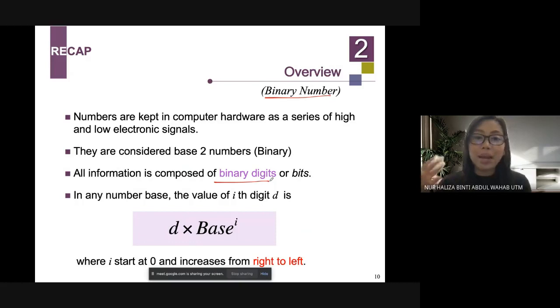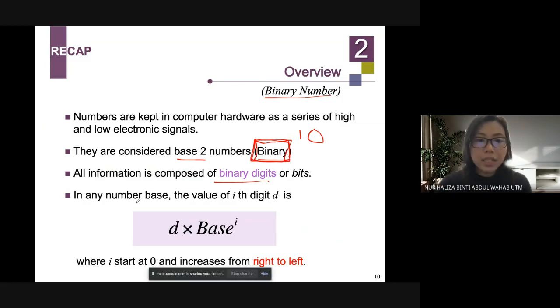And back then, I think a lot of other subjects also covered numbering. In your COA subject, you also need to know this, because basically we are dealing with 1s and 0s in our computer language. So it is best to only have 2 digits, which is called the binary number system.